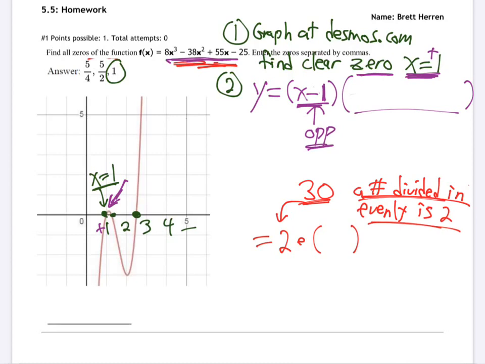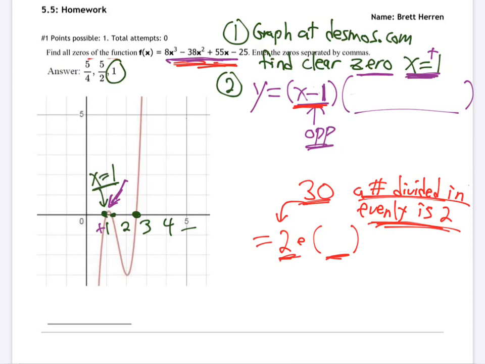That's what we've got with the x minus 1 here. We're doing the same thing with letters as you would with numbers. So if you said, okay, I've got 30, I know 2 goes in, how would you find 2 times what is 30? I know you know off the top of your head that it's 15, but what if it was a harder number and you weren't sure?